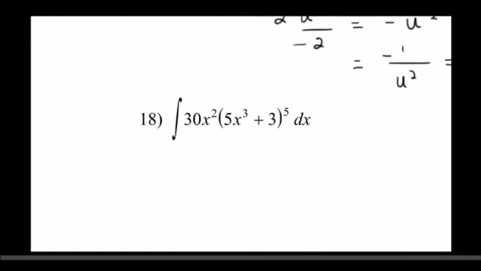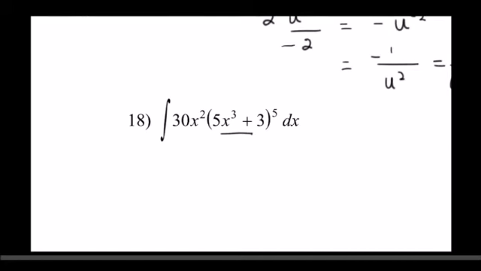So we recognize on number 18 that we have an inside function and an outside function. So what we're hoping is that what's left over is in some form the derivative of this inside function. So if we let u equal the inside function, then its derivative is 15x squared. So we've got the x squared and the dx. There's supposed to be a 15, but we got a 30.